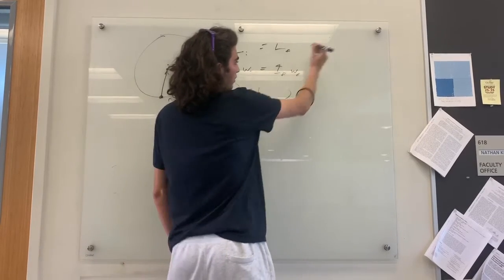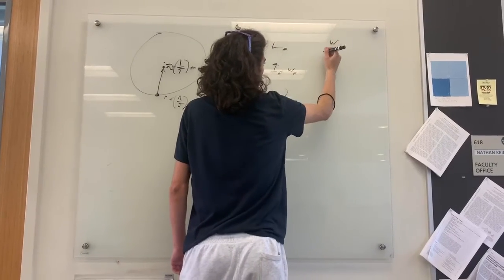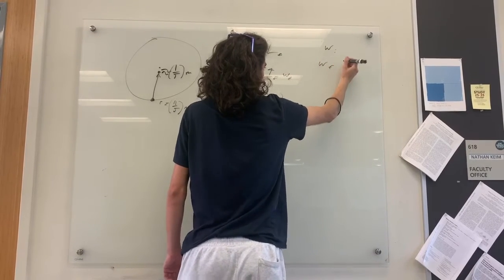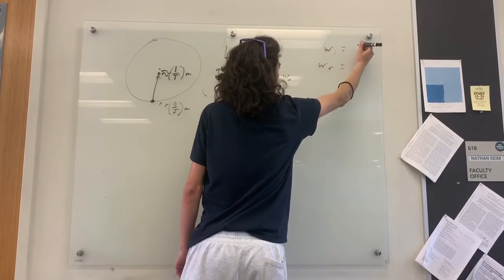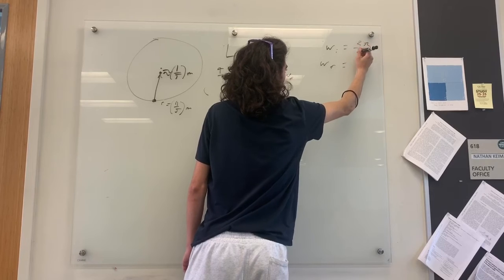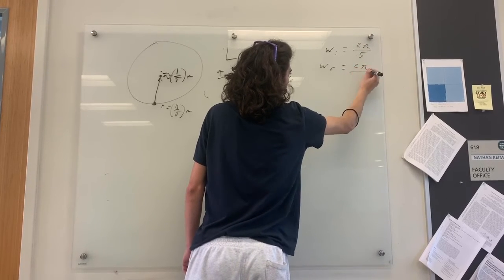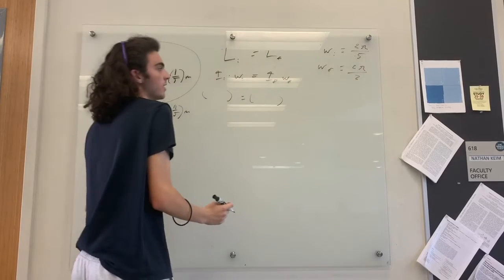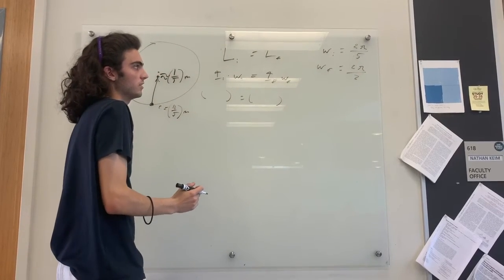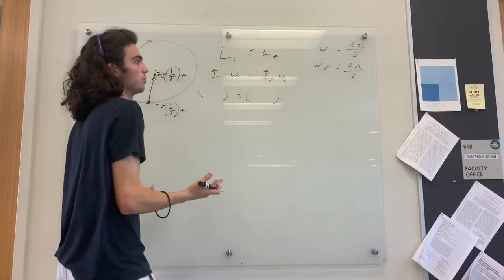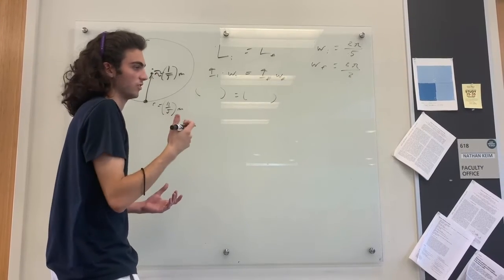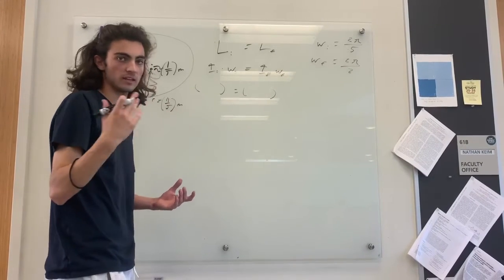And so, the values we got from the video were omega initial and omega final equal to 2 pi over 5, and then 2 pi over 2. And the way we found these was by measuring a full rotation and approximately how many seconds that took.